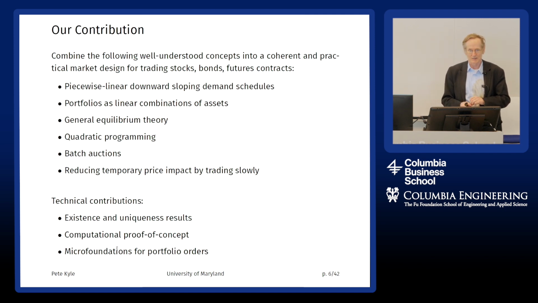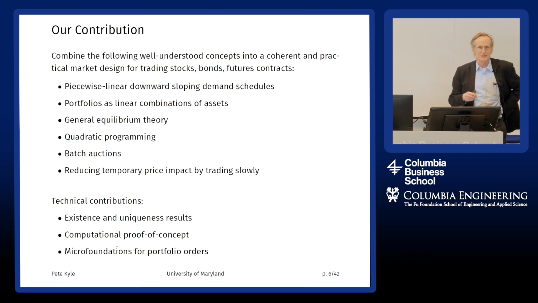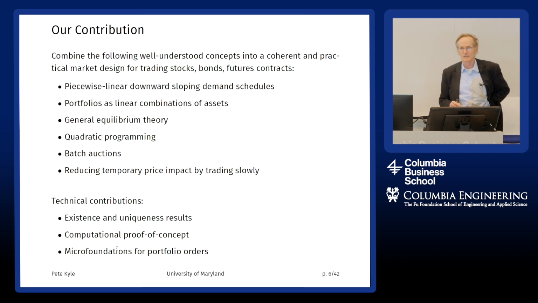There's going to be a quadratic programming application, some batch auctions, and then some economic logic for why traders reduce, or at least implement the idea that traders want to reduce temporary price impact by spreading their trading out over time and trading slowly.